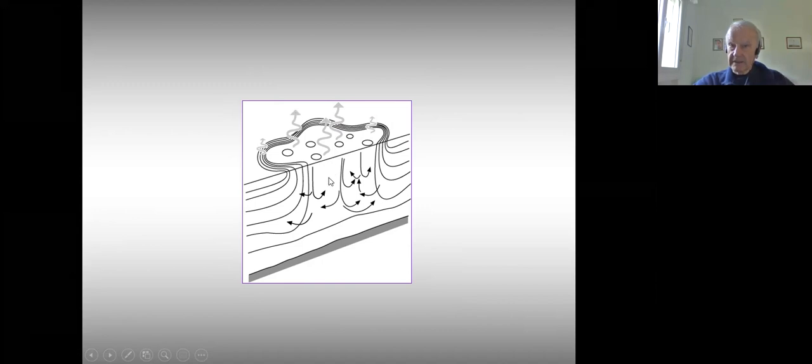You can see the cross section, and the vertical mixing takes place, and then you have the sinking of this water from the surface, which becomes heavier and heavier. Outside of this there is a strong horizontal gradient of density, and outside of that area there is no dense water formation at all.